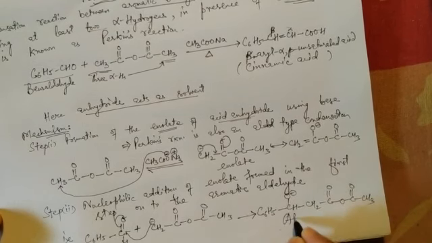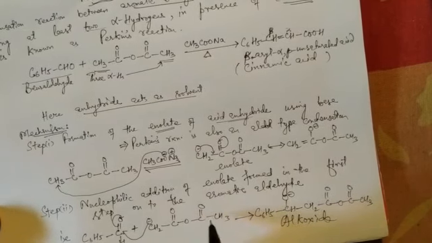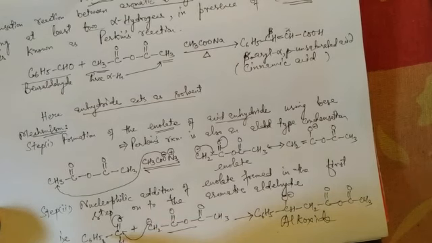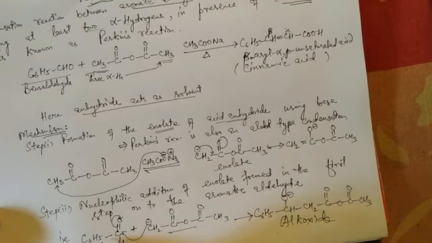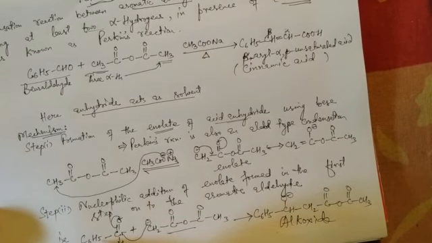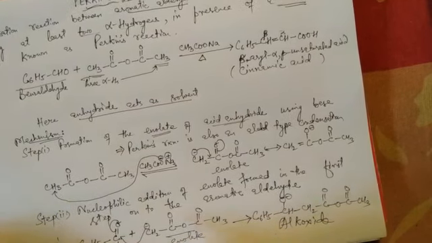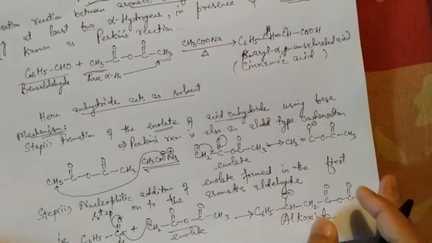Now this type of alkoxide is formed here as a result of the nucleophilic attack of enolate onto another molecule, that is onto the aromatic aldehyde, or here benzaldehyde taken. Okay, so in second step we are getting this alkoxide ion.